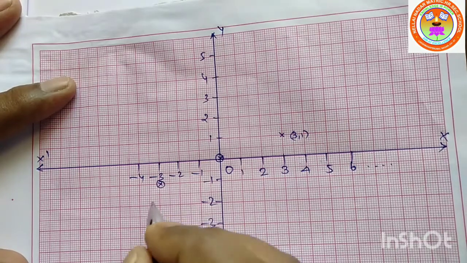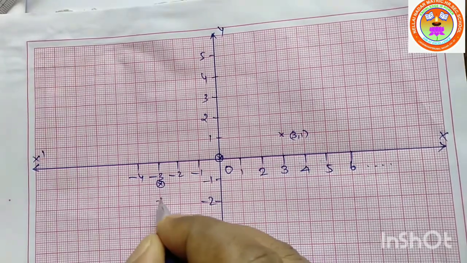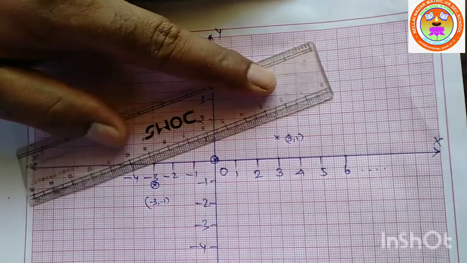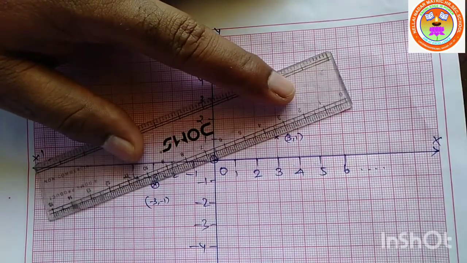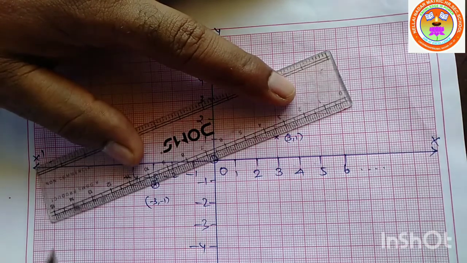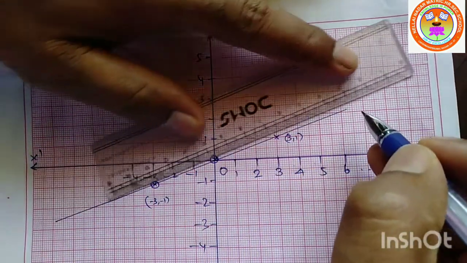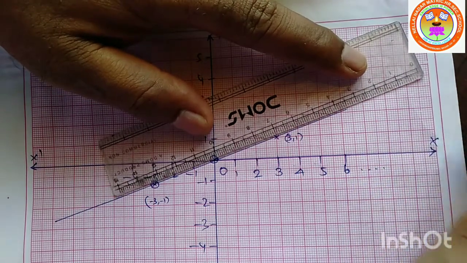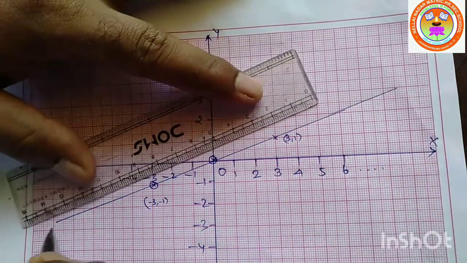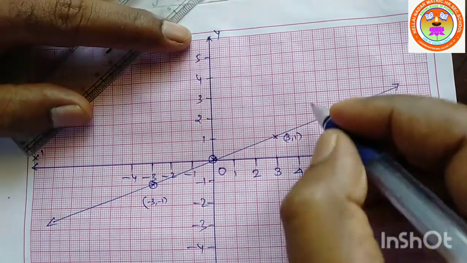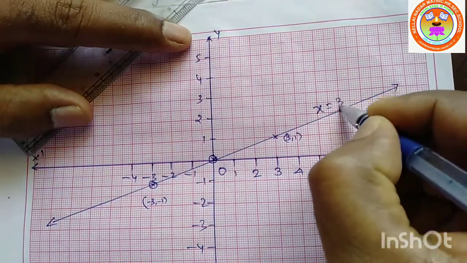This is the point. When we join these 3 points, it will come like this. So this straight line represents x is equal to 3y.